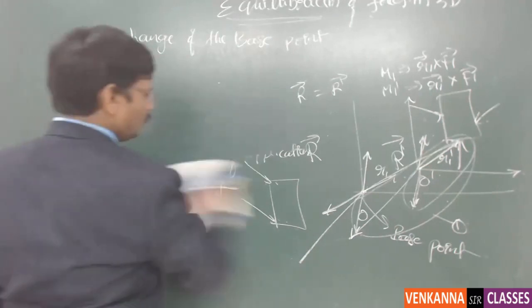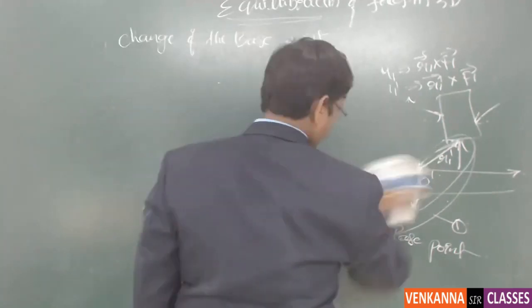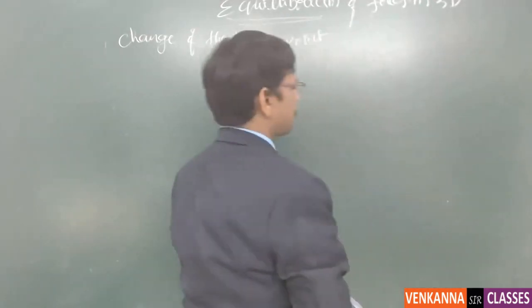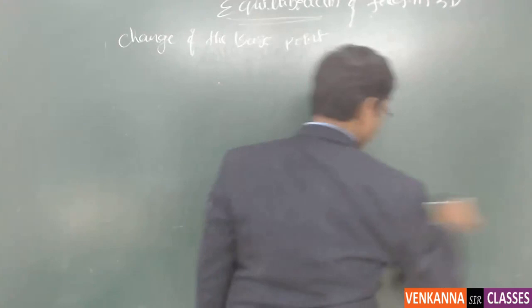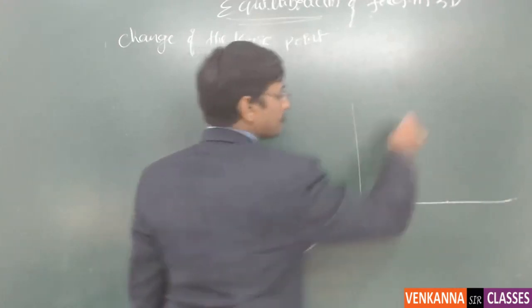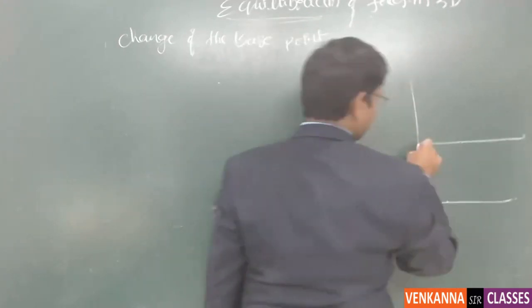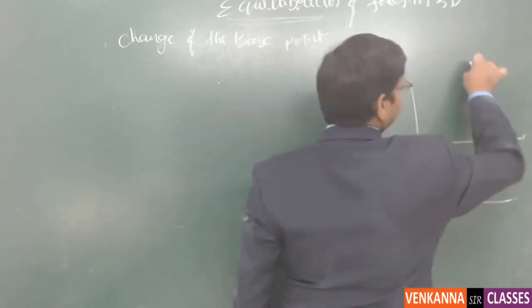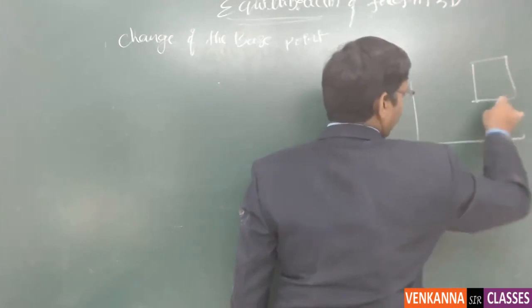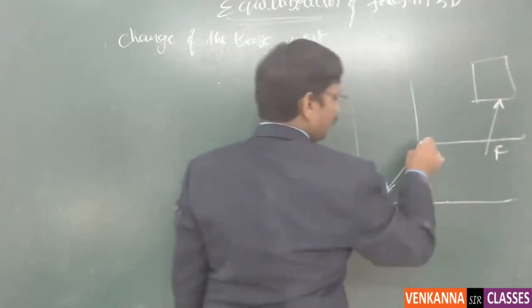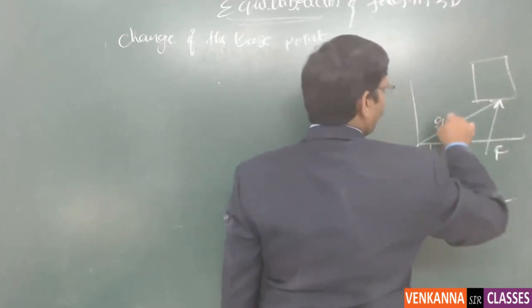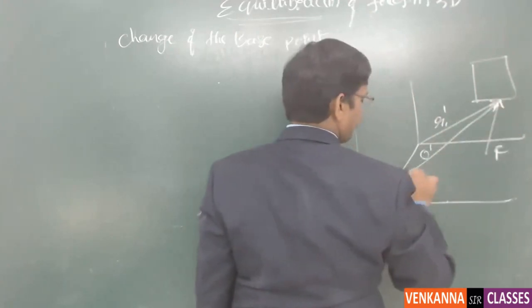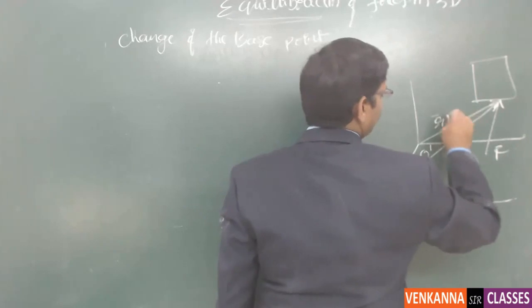So now we consider the change of the base. This is O and this is O dash, and let us say this is F. Then this is R1 dash and this is R1. So these are the position vectors.